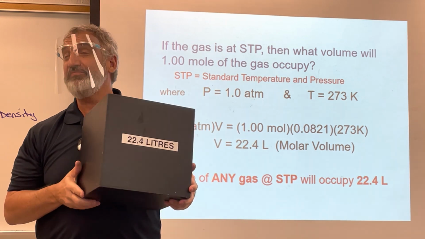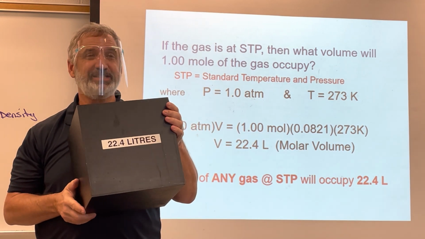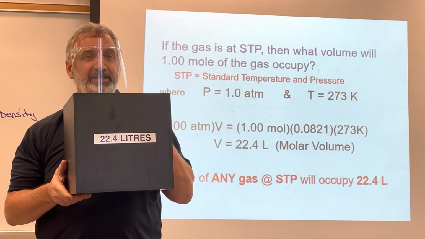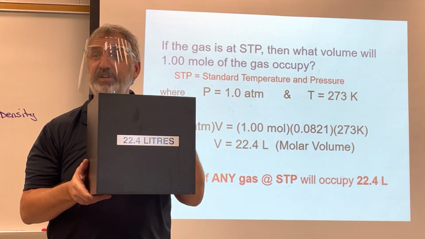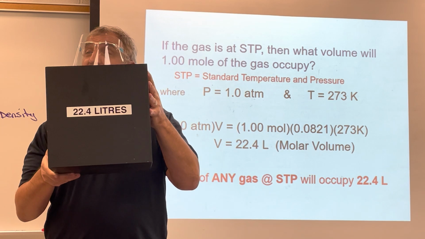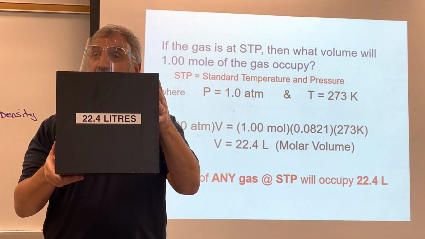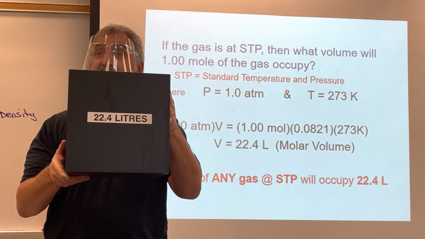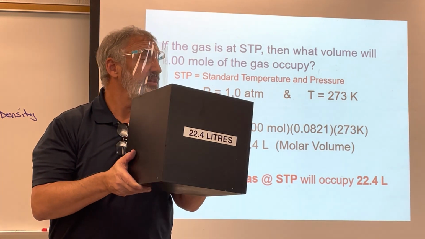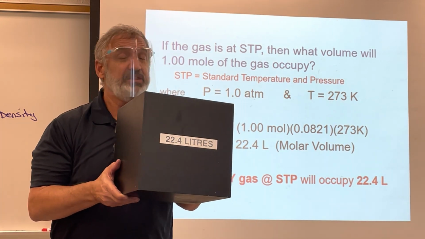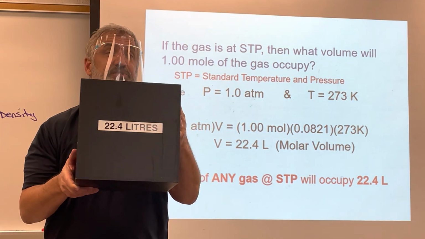I did the measurement, I double checked it, and it really is. So 1 mole of a gas at STP, 1 atmosphere and 0 degrees Celsius, would occupy a space about this much. If I had this box full of helium, this box full of carbon dioxide, this box full of oxygen, this box full of any gas, there would be the same number of molecules if they're all at STP.